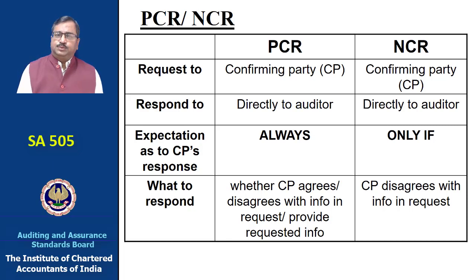Then what is to be responded? In case of positive confirmation, whether the confirming party agrees or disagrees with the information in the request, he provides the requested information. In case of negative confirmation, only if the confirming party disagrees with the information in the request does he have to write.